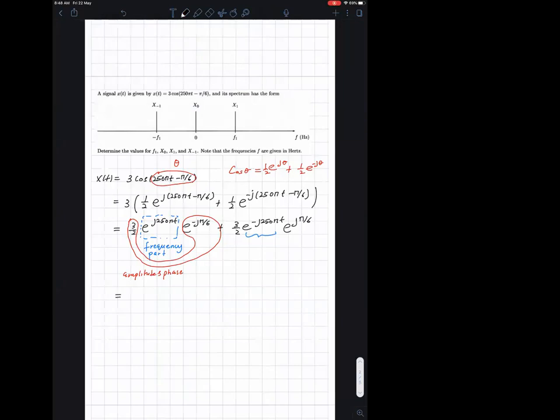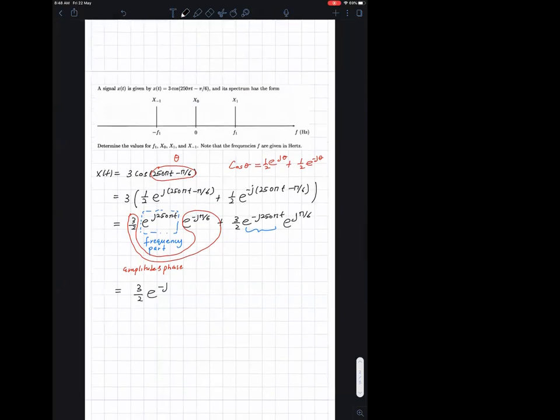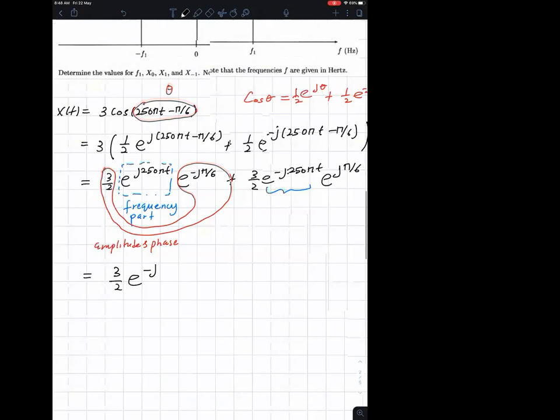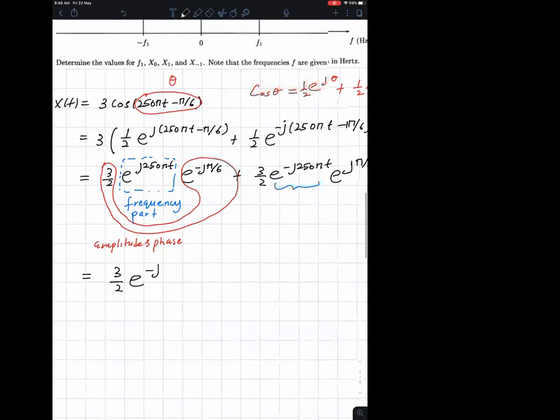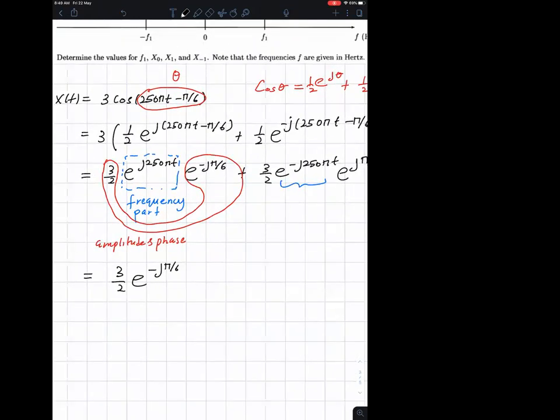So we combine the amplitude and phase together, it will give you 3/2 e to the minus j. Then you put the frequency part separately.